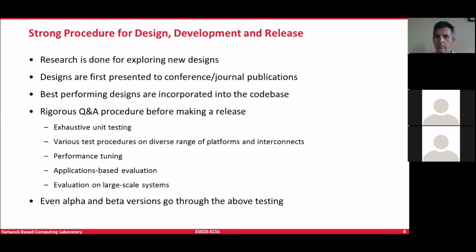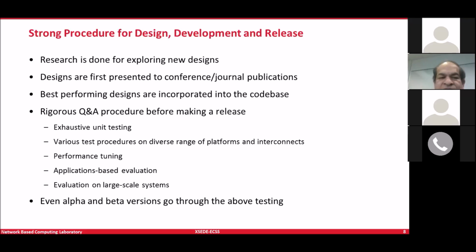Just to give a background, the way we approach this problem and design these libraries, we of course first do the research. Many times when we explore the designs, they are first presented in conference and journal publications, and then the best performing designs are incorporated into the code base. We take the code through a very rigorous QA procedure, including exhaustive unit testing, different kinds of test procedures for a range of platforms and interconnects.